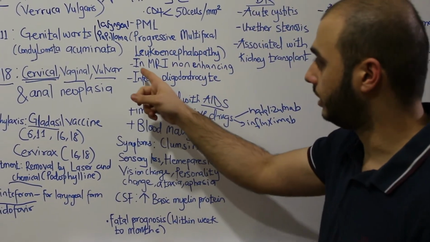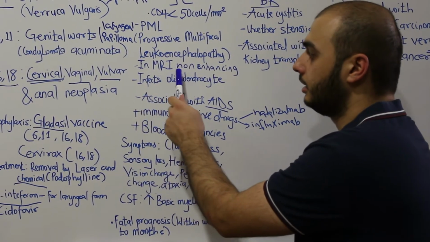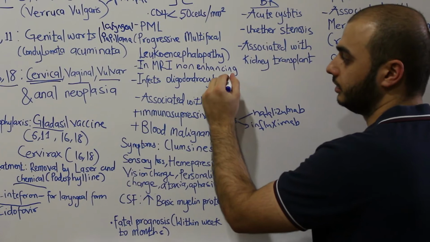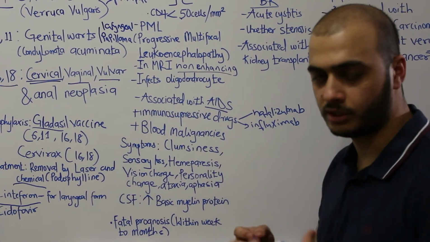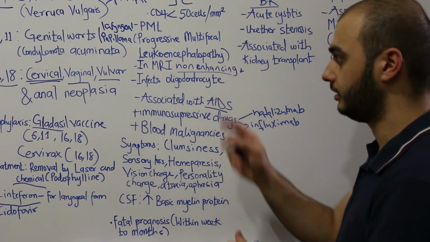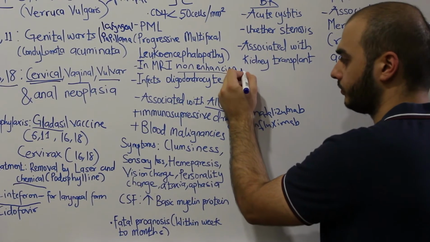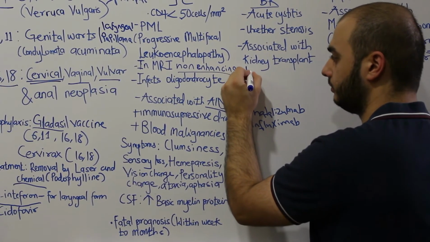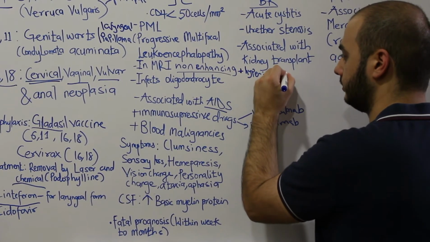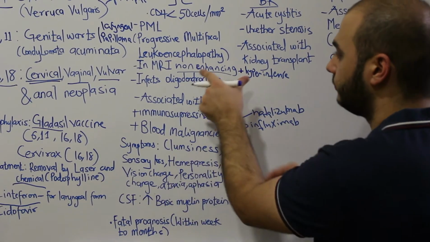And these lesions appear in MRI as non-enhancing lesions. Non-enhancing means no clear border, and they also appear hyperintense. So remember, it's very important.